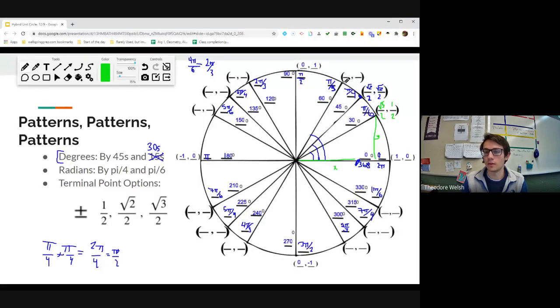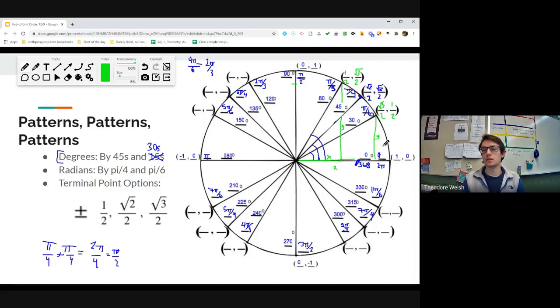In the same way with pi over 3, if I'm thinking about this point, my x value is going to be less than my y value. So I know the x value of this point has to be less than the y value. So my x has to be 1/2 and my y has to be root 3 over 2.